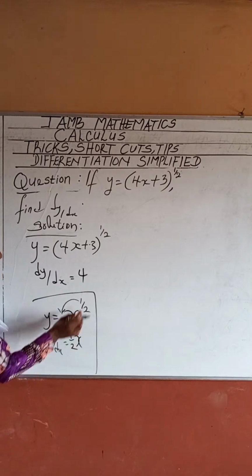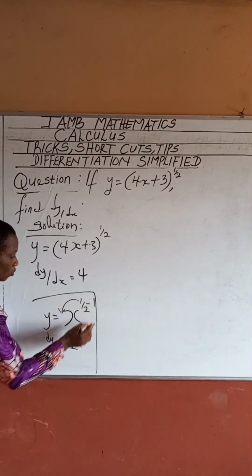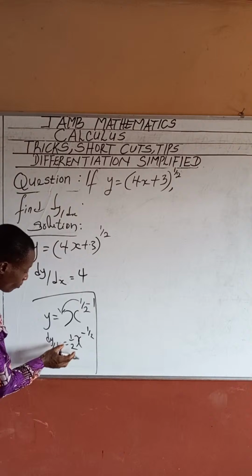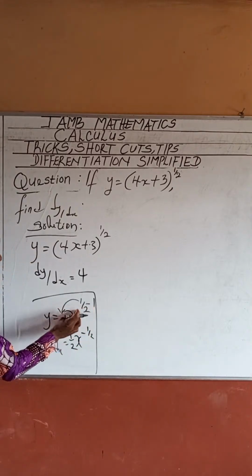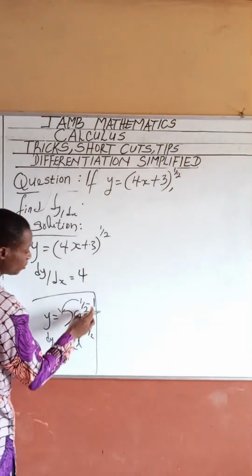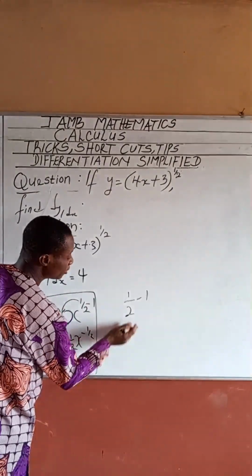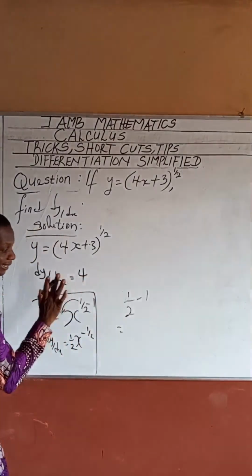Then x raised to, this becomes half minus 1. Okay, half minus 1. So minus 1 from half, we are going to get minus half. You get it? Yes, because the half comes down. Because 1 is greater than half, right? It's like having half minus 1. 2 times 1, don't look for LCM.